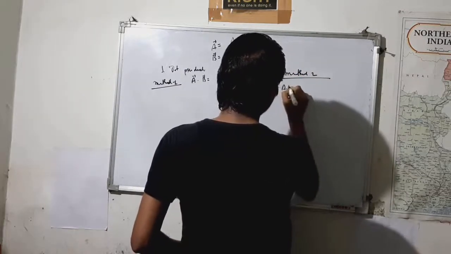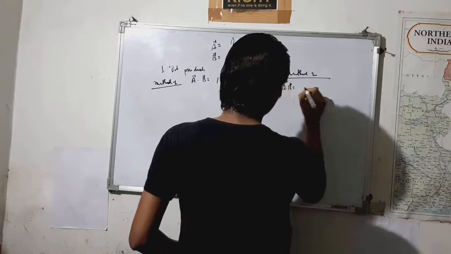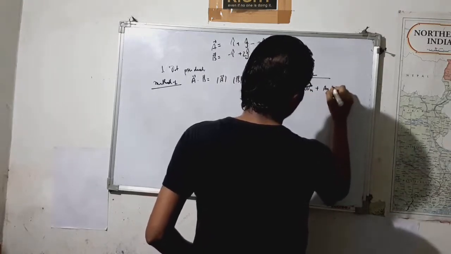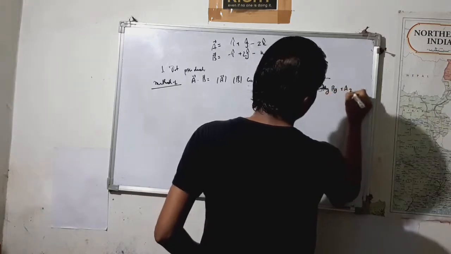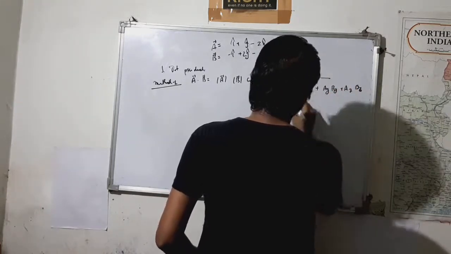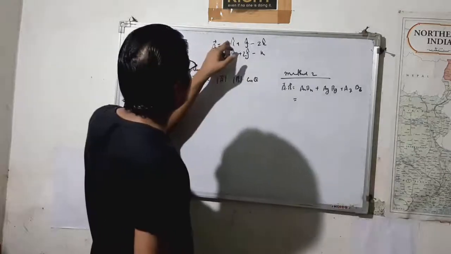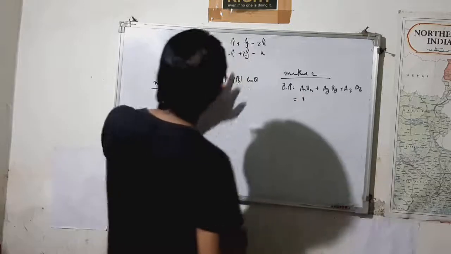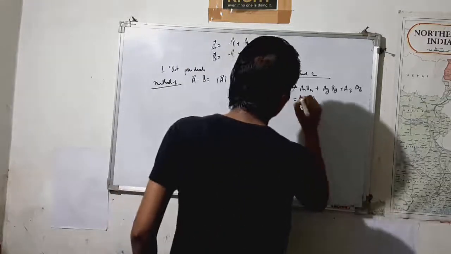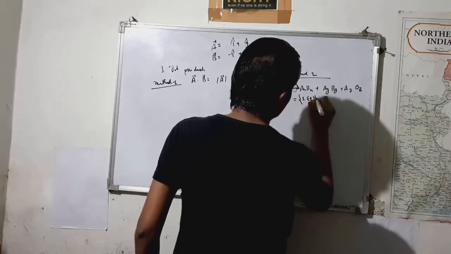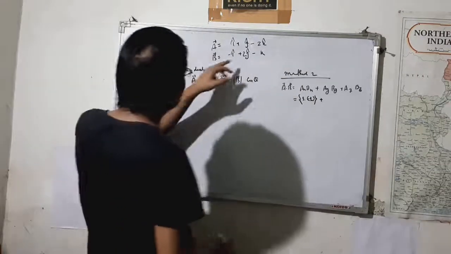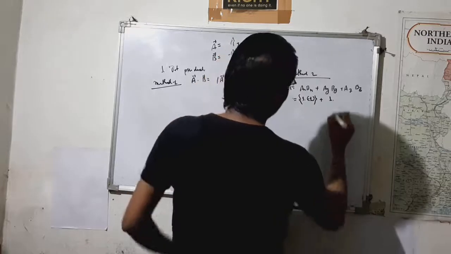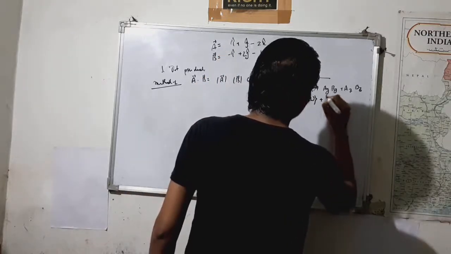Here we know that a dot b is equal to ax bx plus ay by plus az bz. Here ax is simply 1 and bx is minus 1, plus ay is simply 1 and by is 2.